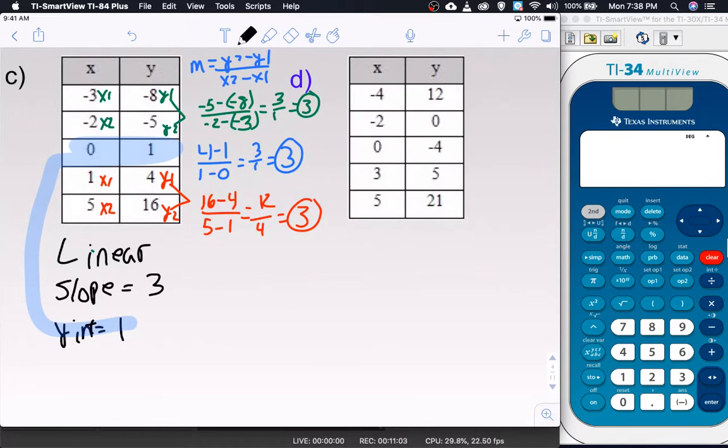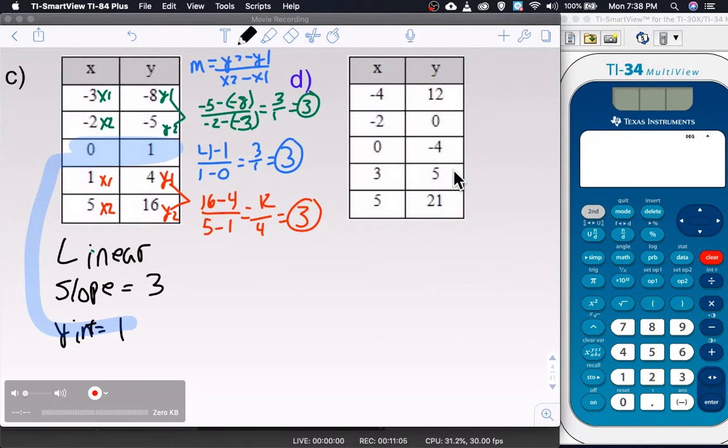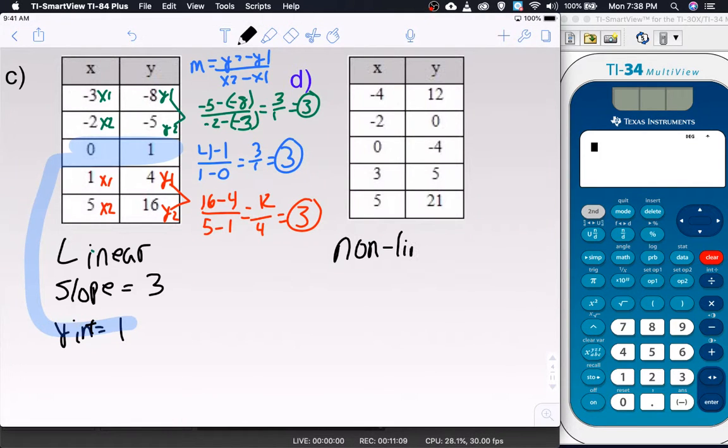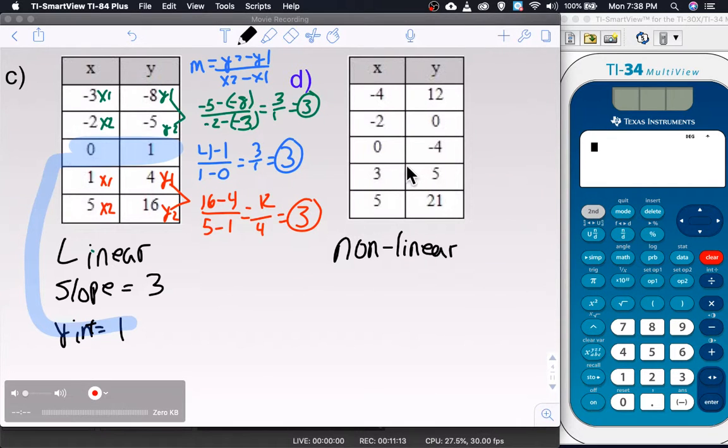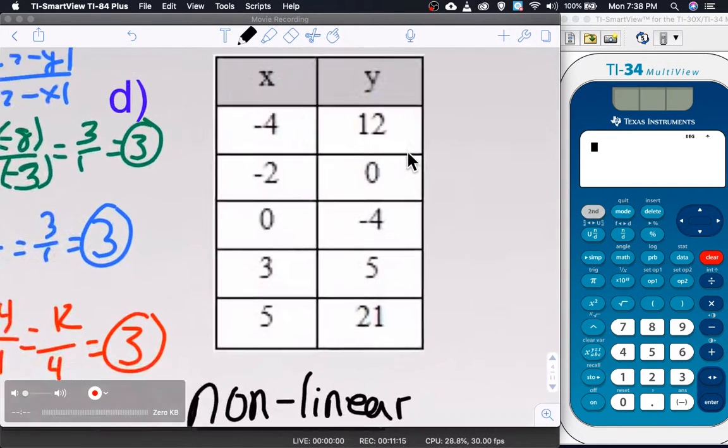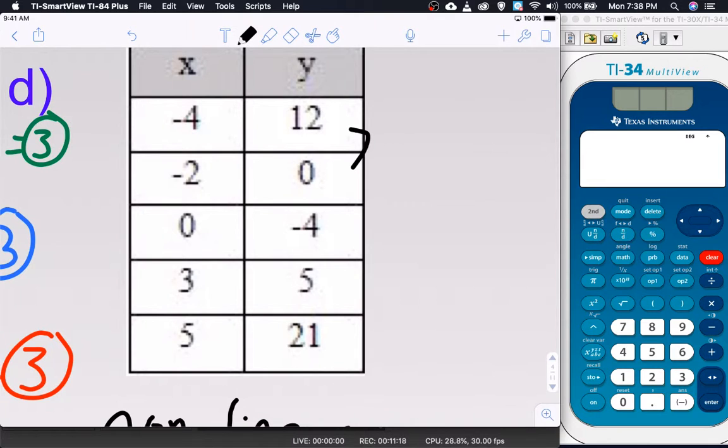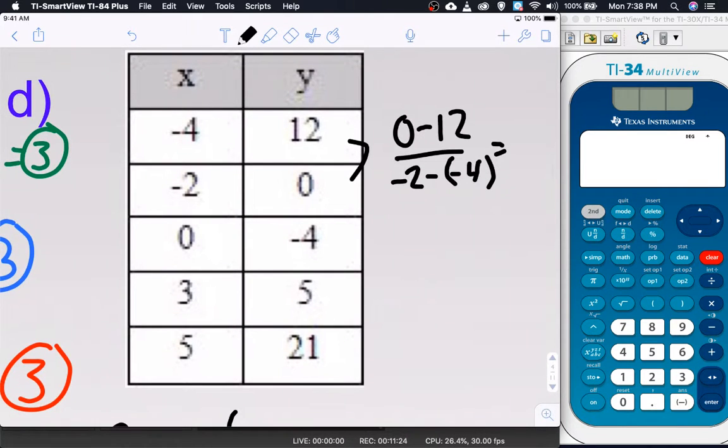All right, back to the problem we were supposed to be doing, letter D. Is this linear or nonlinear? You should have found this to be nonlinear. Now, I can tell by looking at the table it's nonlinear, but if I start finding slopes at places, y2 minus y1 over x2 minus x1 gives me a slope of negative 12 over positive 2, which is a slope of negative 6.